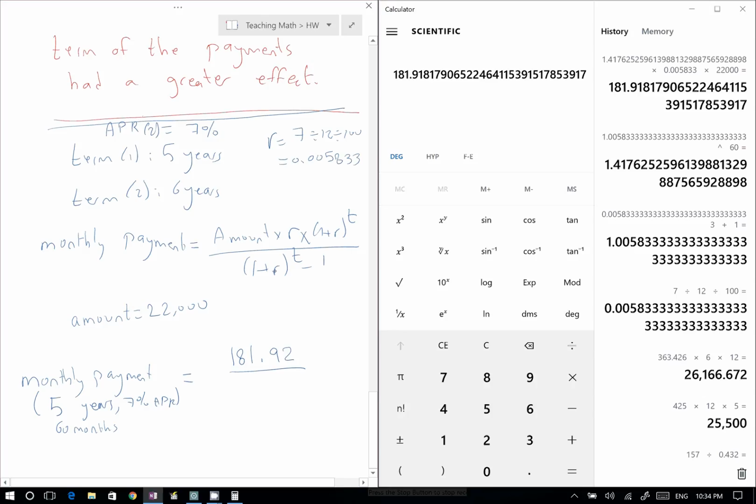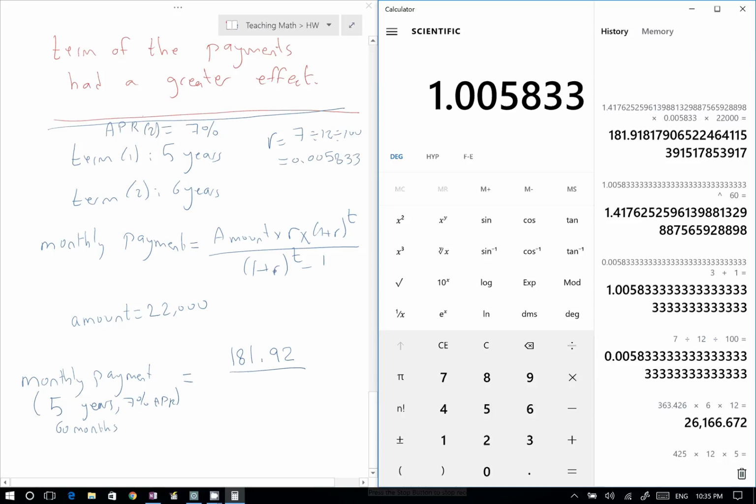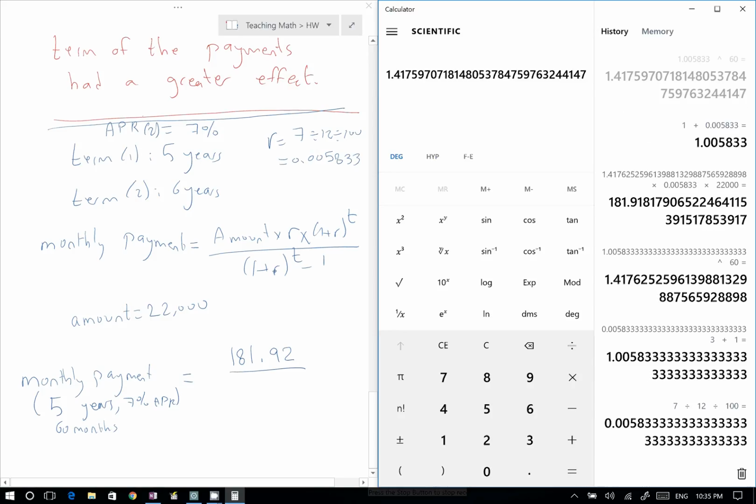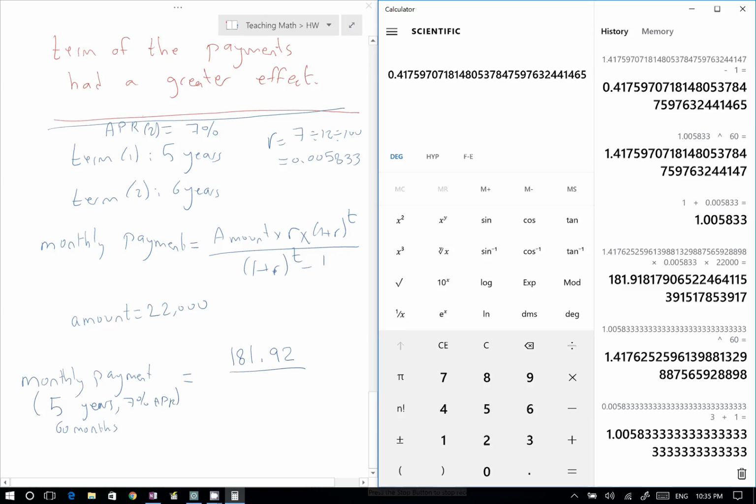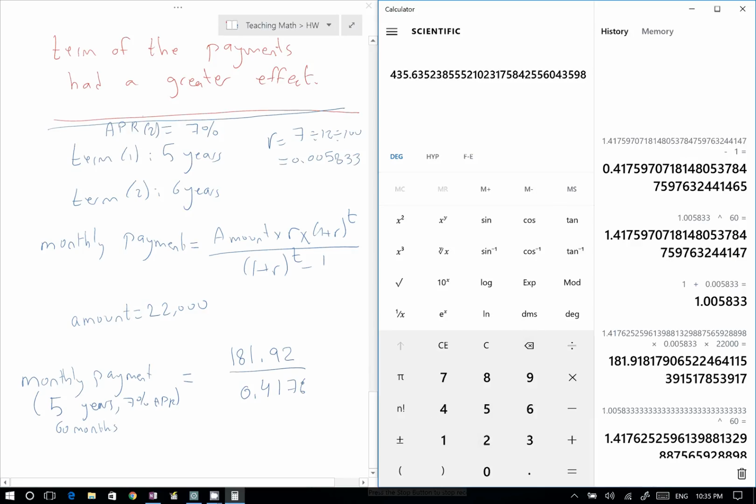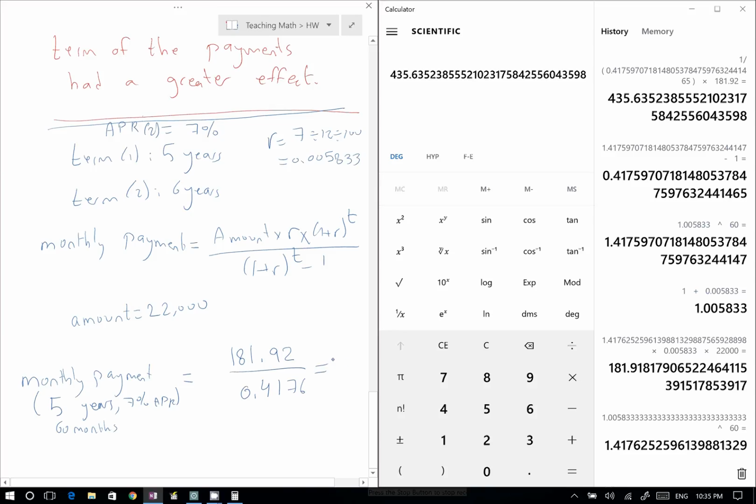So divided by 1 plus R raised to the power T. So let me do R again. 1 plus 0.0058333 raised to the power T, which is 60 months, minus 1, 0.4176. So divide by this, multiply by 181. Whoa, my monthly payment was $435.